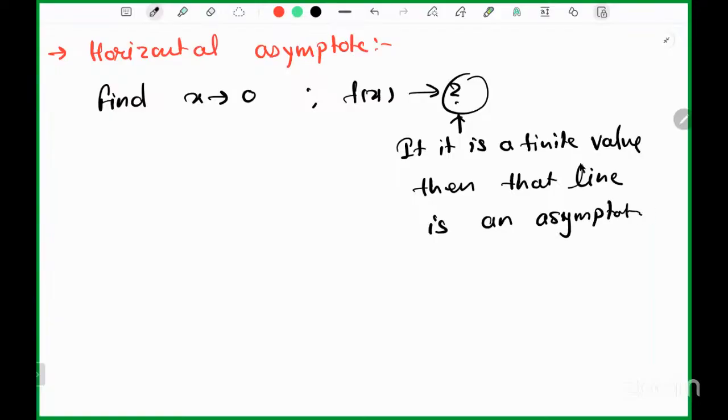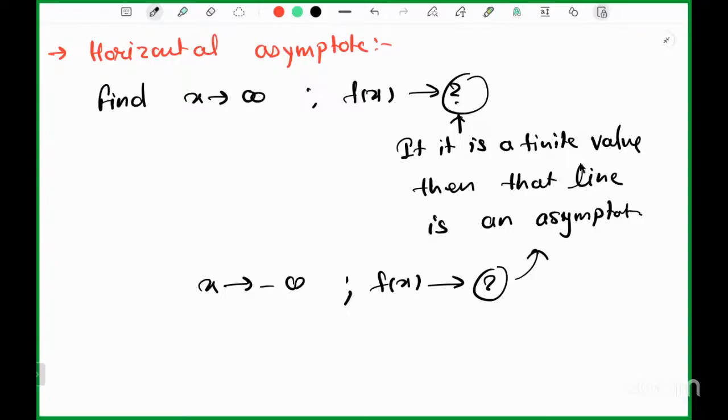Sorry, x goes to infinity, I had written 0. And similarly for x goes to minus infinity. As x goes to infinity or minus infinity, if you find any finite value, then that will work as a horizontal asymptote.